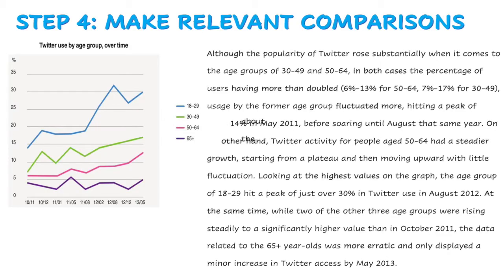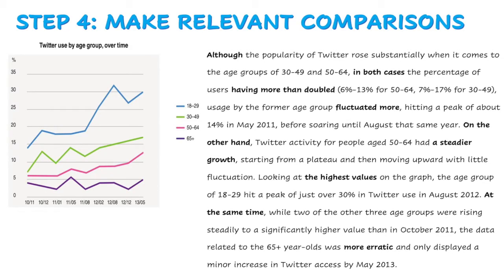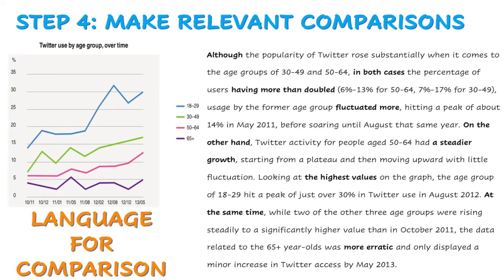And let me highlight a few things for you. Everything that you see here, although in both cases a steadier growth, more erratic, all of these signal the fact that I'm making comparisons. And it's absolutely critical that you have language for comparison in your texts. Let me highlight something else though.